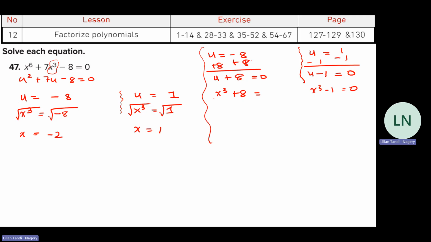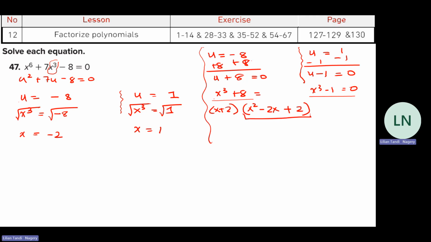So x cubed plus 8 equals 0, and here x cubed minus 1 equals 0. Okay, so this is a sum of two cube numbers, and this is a difference of two cubic numbers. So this becomes x plus 2, and then this will become x squared minus 2x plus 2.